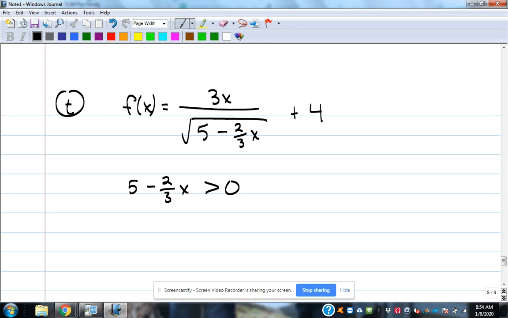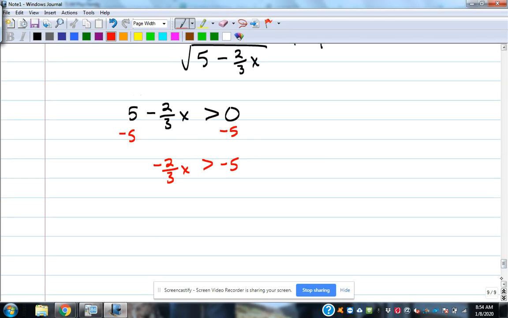But then that doesn't look too complicated. That looks doable. I can solve that. So let's solve it. Minus 5 is 2/3 x greater than -5. How do I solve that? Multiply by -3/2.